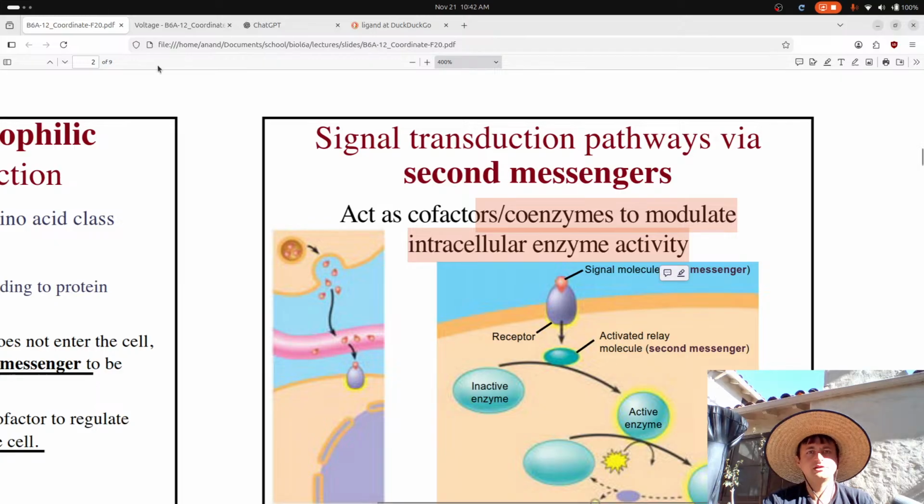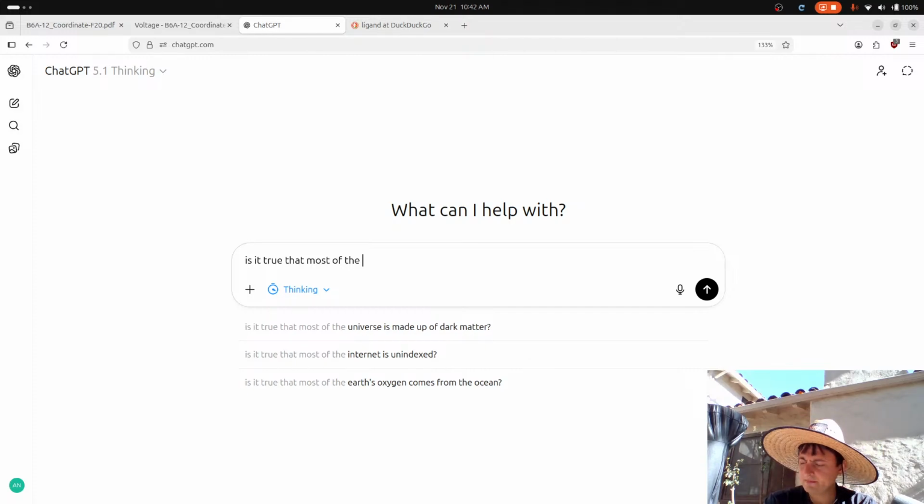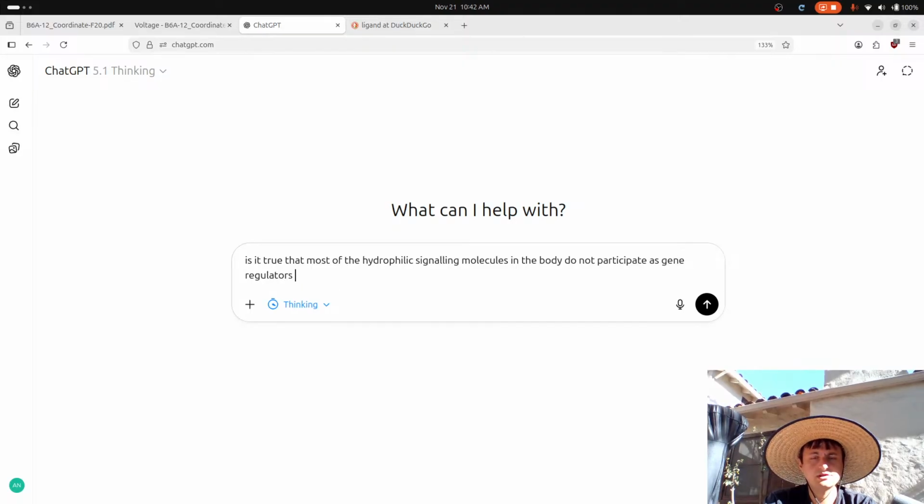So let's just ask that most of the hydrophilic signaling molecules in the body do not participate as gene regulators, but mainly act on already produced proteins.